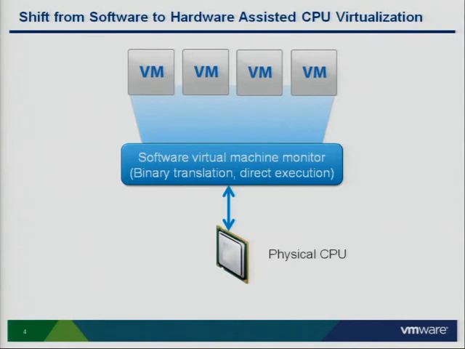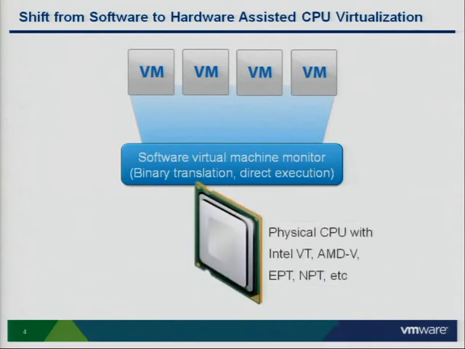And so to solve that problem, we had to create this special piece of software. It was called a virtual machine monitor. That's been our crown jewel all these years. And we employed some techniques like binary translation and direct execution to actually get the isolation on a piece of hardware that wasn't capable of giving it.